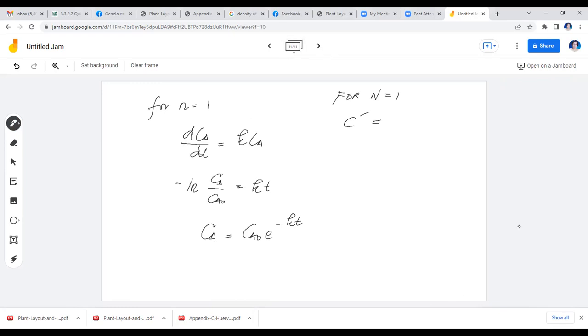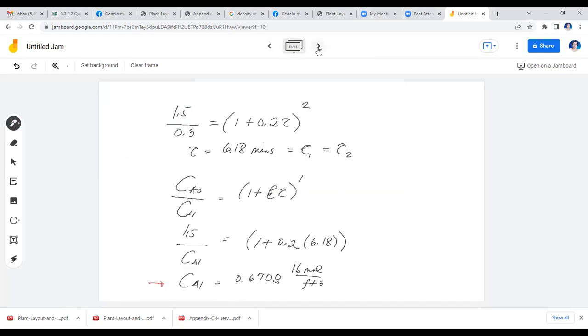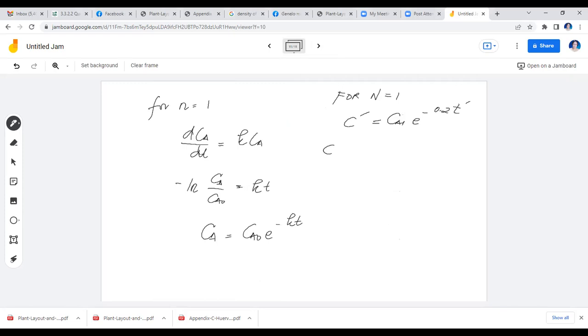So I'll place here Ca1 e raised to negative, so your K is 0.2 and this is the T prime, the T prime that you'd like to determine. Now your Ca1 is 0.6708. So your C prime is equal to 0.6708 e raised to negative 0.2 T prime. This is for the concentration in the first reactor after T prime.